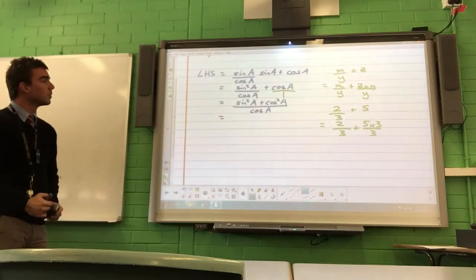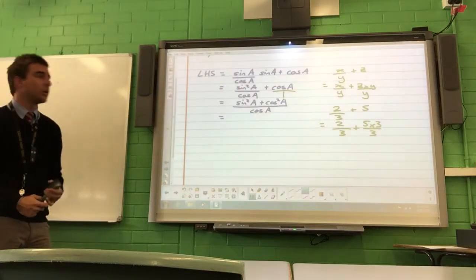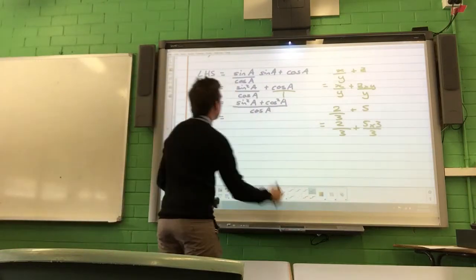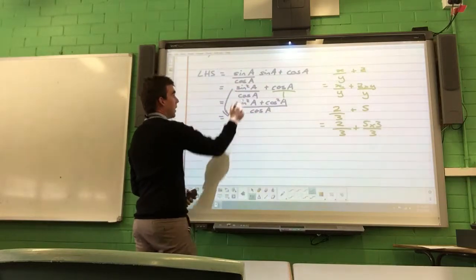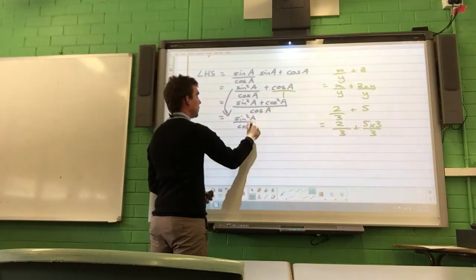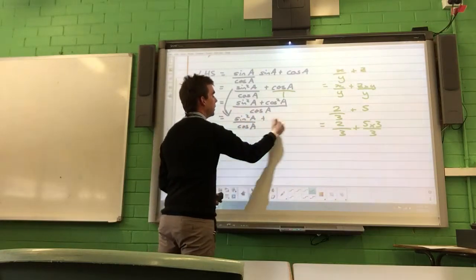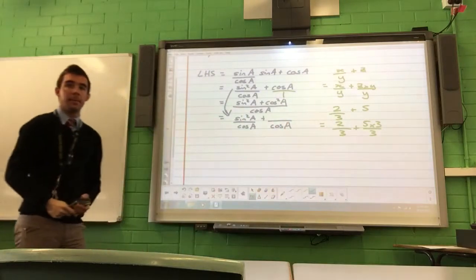You've got sin A over cos A plus cos A over 1, and it's sin squared A plus cos squared A over cos. Yep, because I've done exactly the same process that I've done over there. Right, so let's go back one step. Right, so it equals sine squared of capital A over cos of capital A plus, now I need to introduce that denominator over this side as well.